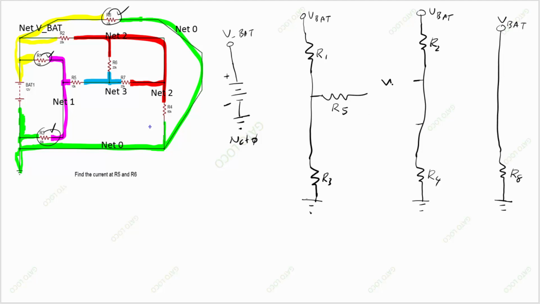So I can draw R6 and R7. Okay, and then R6, R7, this is my net 2, and R6 and R7 also join to R5.